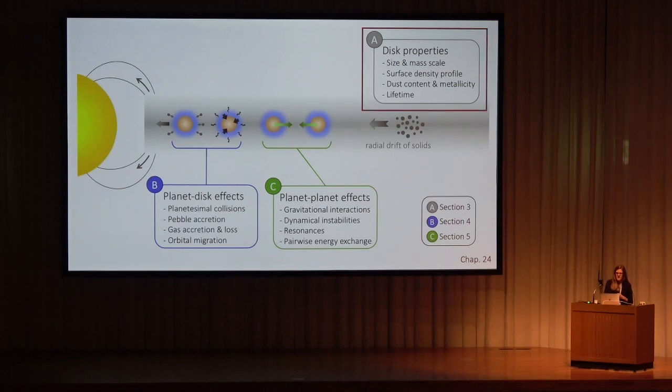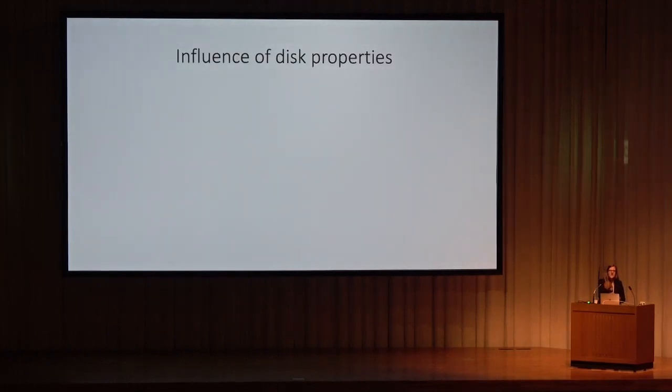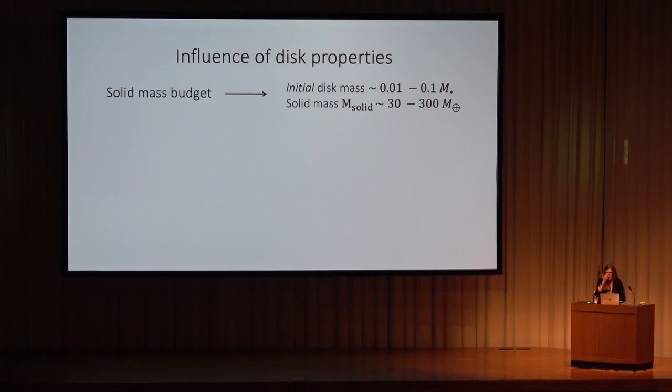I'll first turn our focus onto how the global properties of the star-disk system influence the emergence of compact multis and set their characteristic mass scale. One factor influencing the types of planets that form and their mass is the solid mass budget. Based on the physics of the collapse flow that produces stars and disks, one finds that the initial disk mass is very roughly around 1 to 10% of the mass of the star.